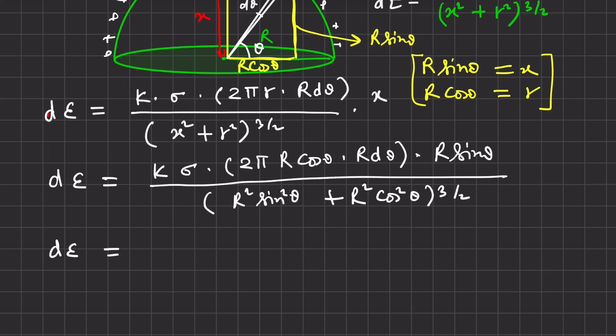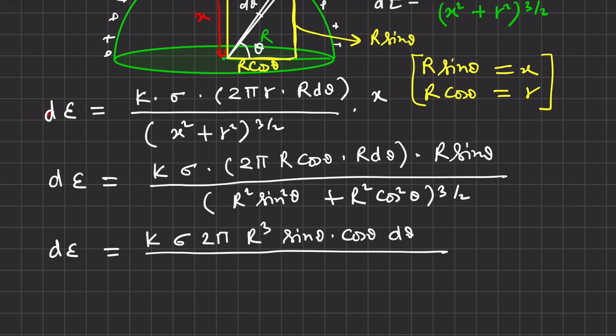So it will become k sigma 2 pi r cube sin theta into cos theta into d theta divided by r cube, and sin square theta plus cos square theta will be what, guys, 1.